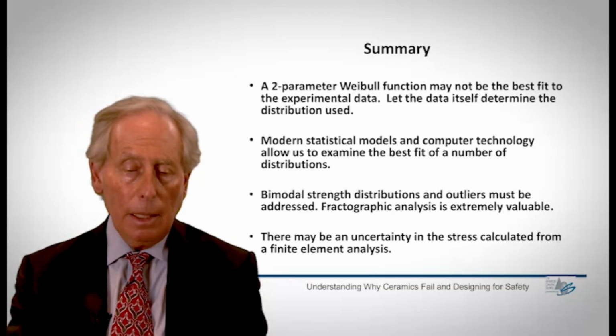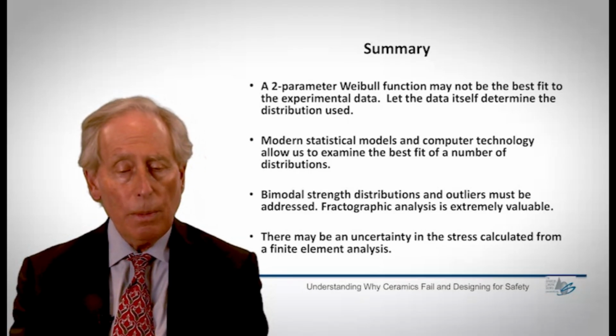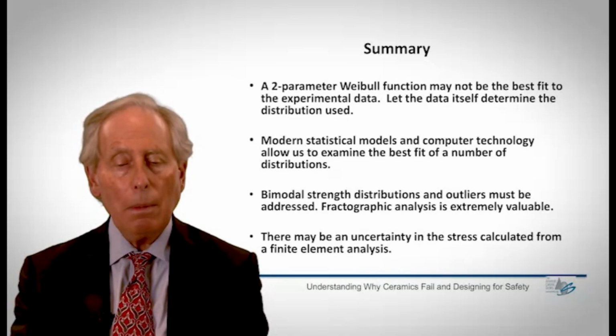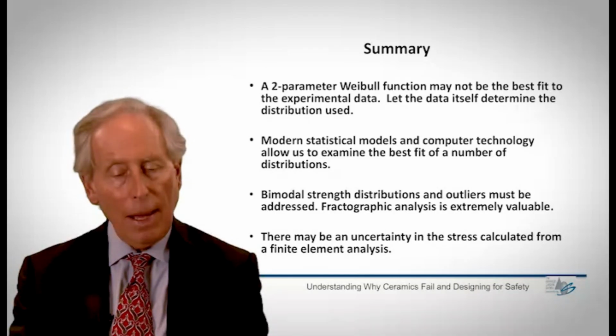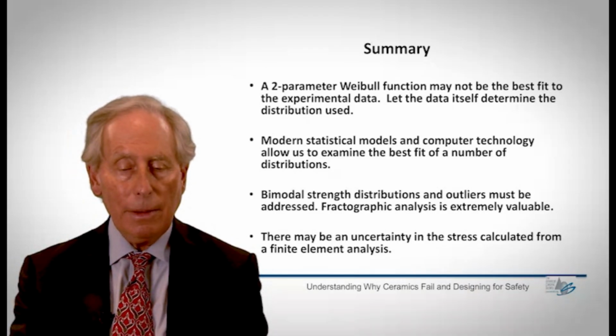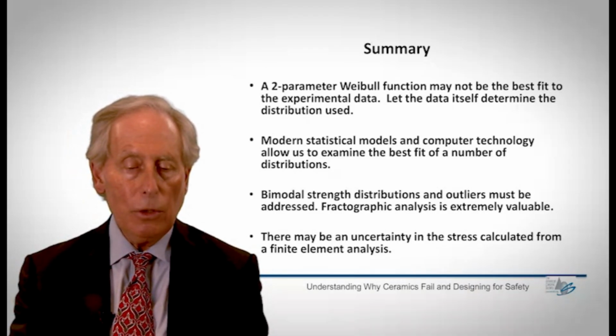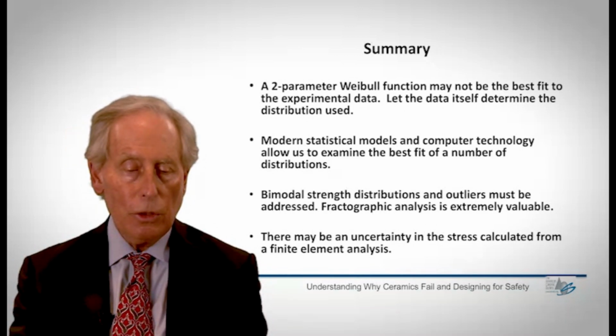And then finally, I tried to say two-parameter Weibull functions are probably not the best fit to experimental data for any application. In fact, the argument I would make is let the data decide what the distribution used is the best fit. What distribution should you be using? But three-parameter Weibull works quite well in most cases.